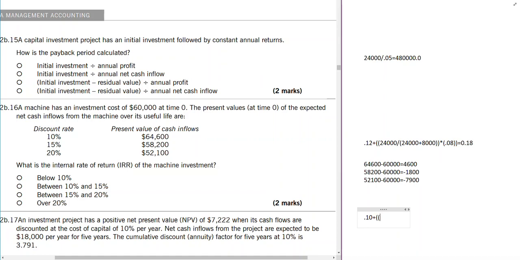We have 4600 divided by 4600 plus 1800, multiplied by 15% minus 10% gives us 5%. So let me adjust brackets. Let's do it individually.